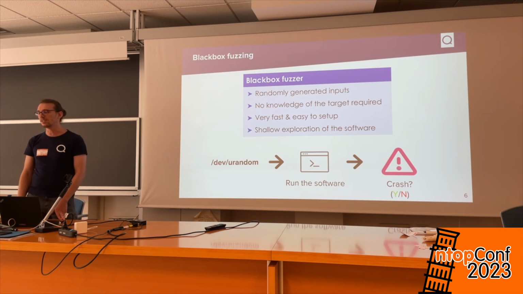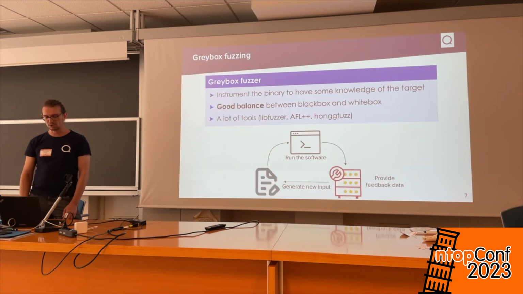It's very easy to set up because we really don't need anything else apart from the software running, and a way of generating random data. The only problem is that we cannot really rely on this method to find a lot of bugs, because we can really just scratch the surface of the program.